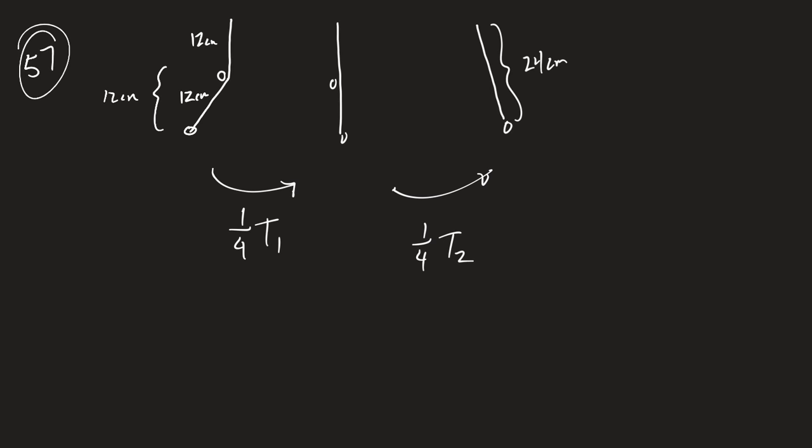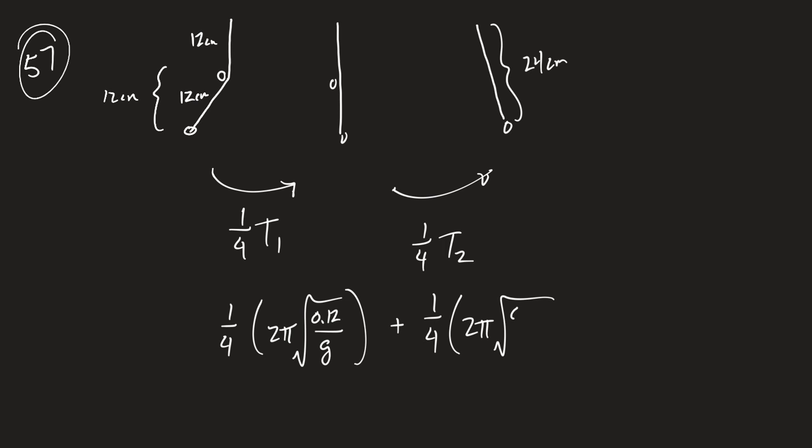Equilibrium to maximum displacement is another 1/4 period. It will repeat this pattern on the way back. So 1/4 times 2 pi times the root of L over g plus 1/4 times 2 pi times the root of L over g equals 1/2 of the total period.